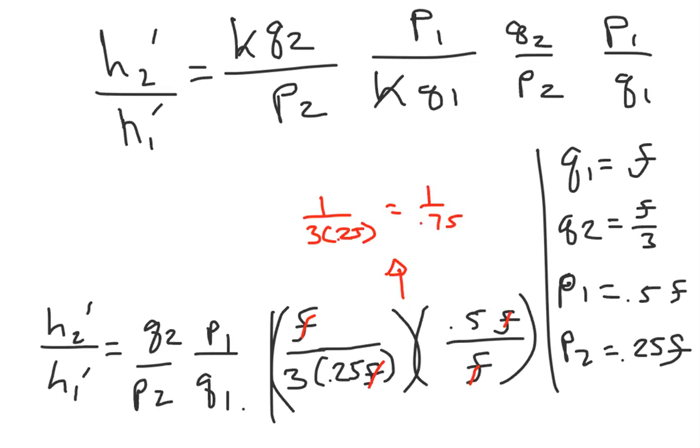Okay. Now, for P1 over Q1, that's going to be F over, yeah, 0.5.